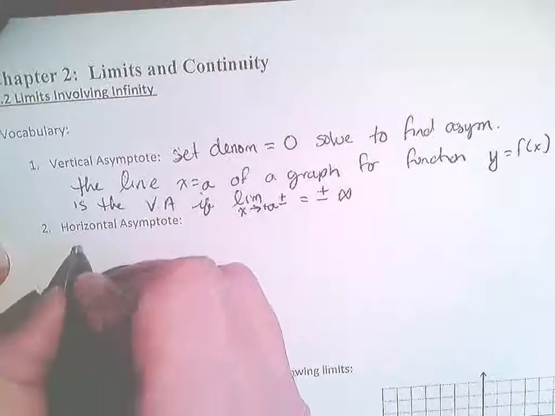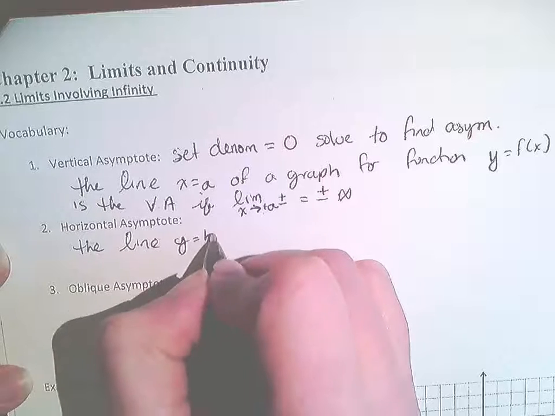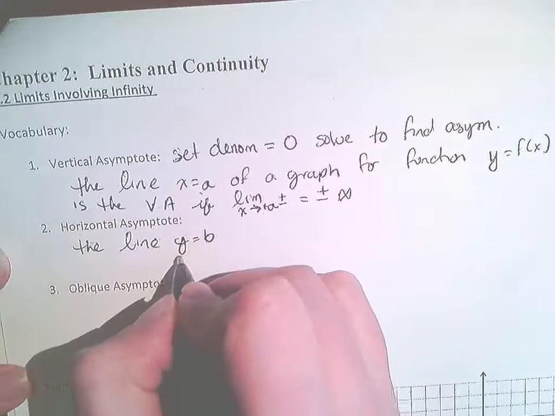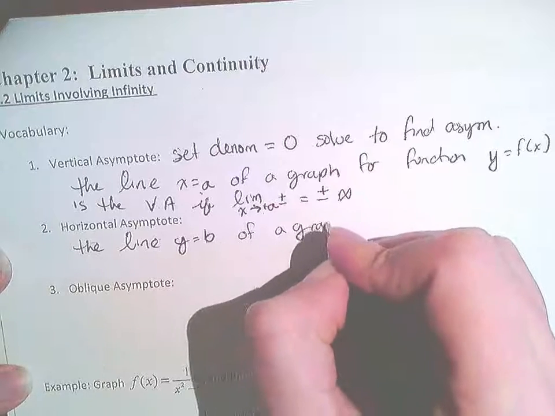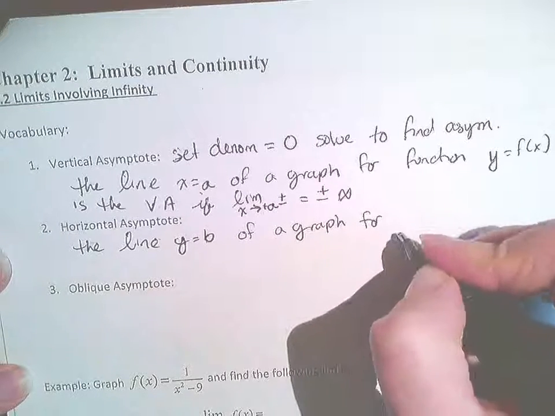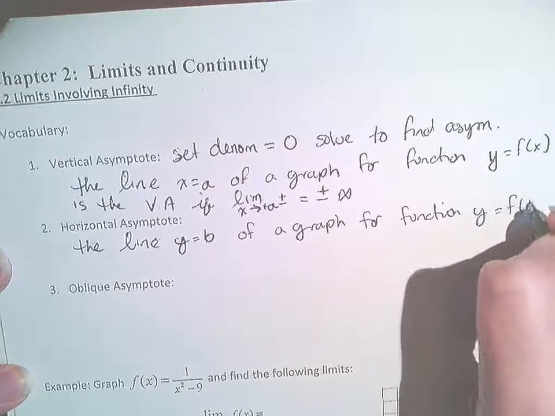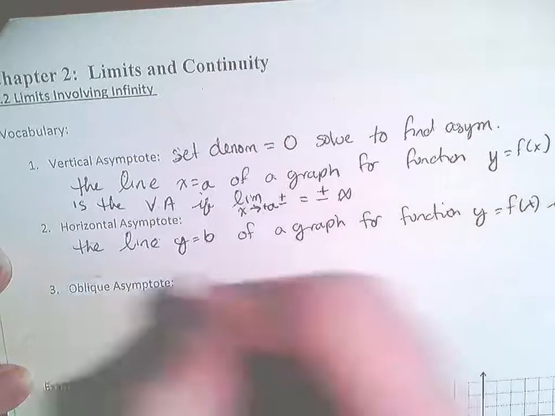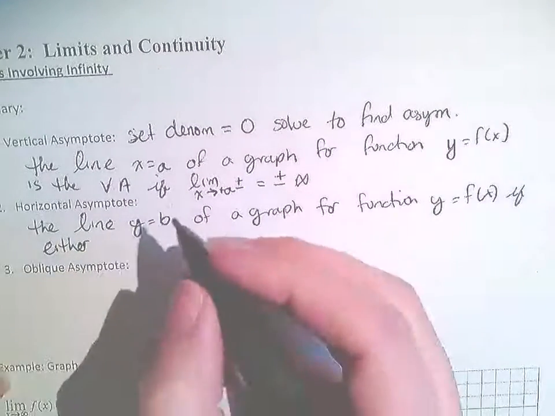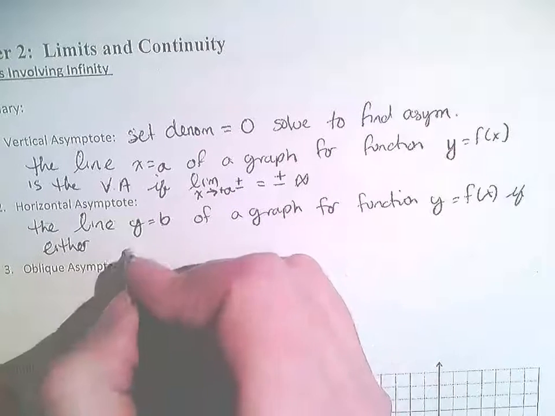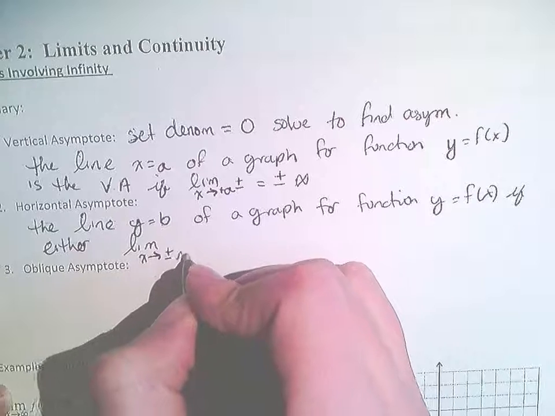Now the horizontal asymptote, the definition is the line y equals b. Remember, it's horizontal, so it's on the y-axis of a graph for the function y equals f of x if either the limit as x approaches positive or negative infinity.